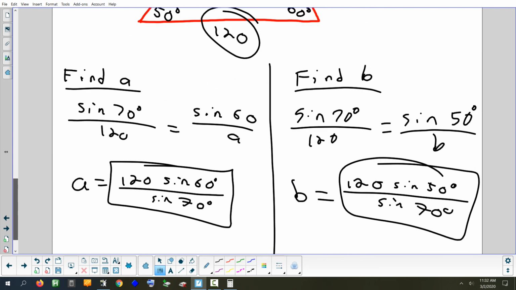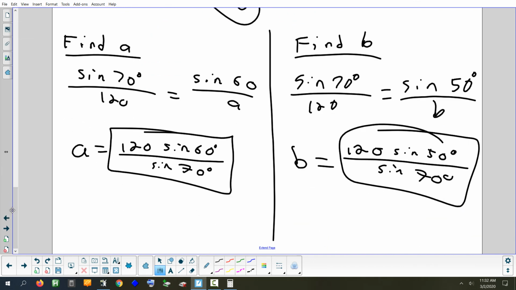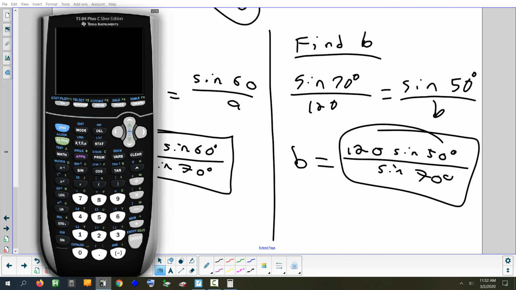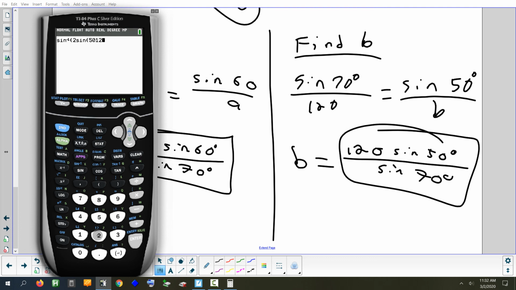All right. Does anybody have what this one comes out to? Well, how about somebody else type in B? I'll type in A and see what I get, and then somebody else that has a calculator can type in B. Tell me what you got. So we got 120 sine 60 over sine 70.